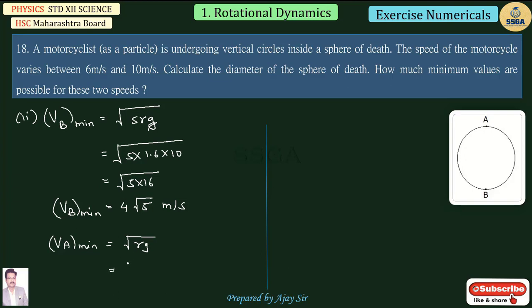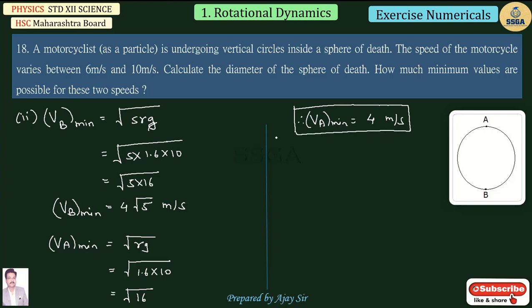Putting r equals 1.6 and g equals 10, we get the square root of 16, that is 4 meters per second. So these are the minimum possible velocities at point A and point B, that is at the top point and the bottom point. This is the answer.